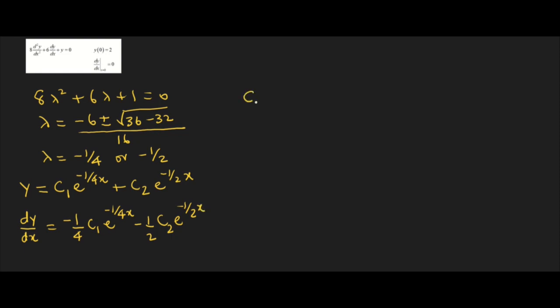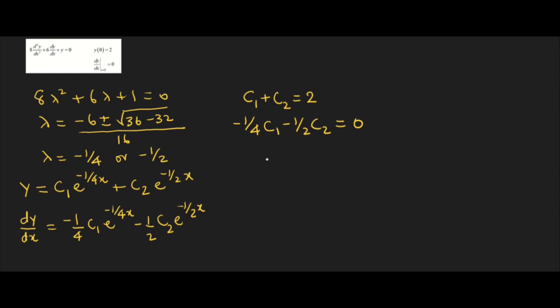We can now use our initial conditions, which are both evaluated at x equals 0. From the first we have c1 plus c2 equals 2, and from the second we have minus a quarter c1 minus a half c2 is equal to 0.